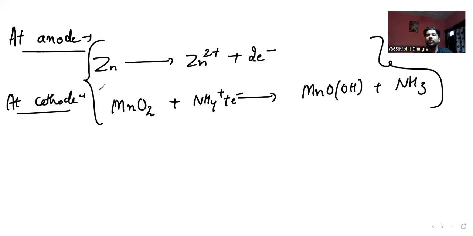These are the two chemical reactions at the anode and cathode. At the anode, zinc is oxidized, and at the cathode, manganese dioxide and ammonium ions react. This is the case of primary batteries, whose example we discussed is the dry cell.